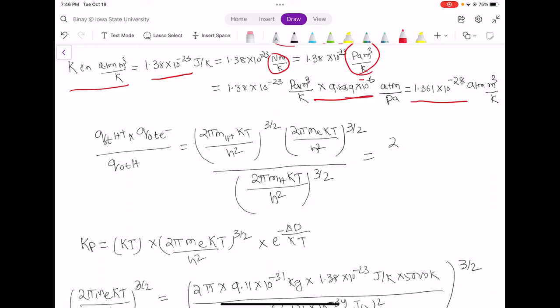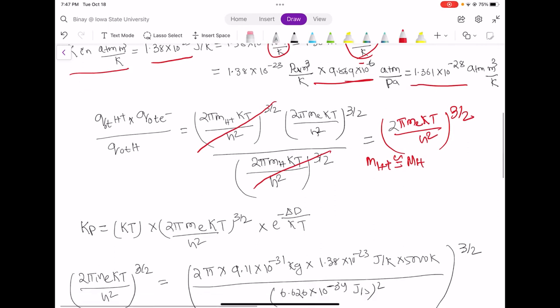And in this case, we'll just assume the mass of a hydrogen ion is nearly equal to the mass of a hydrogen, since the electron mass is negligible. We'll just assume it's gone. We'll cancel out this term and we'll be left with 2 pi mass of electron kT over h square to the power 3 over 2.